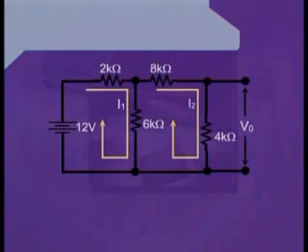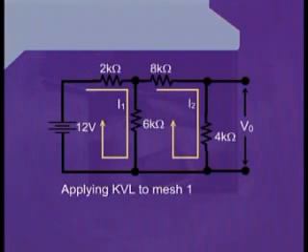Now, we will write the loop equations for each of these meshes separately, and then we try to find out these values. First of all, applying KVL to mesh 1, we can write, starting from the top left hand corner, we see that 2 kilo ohm resistance is attached to that, and a current which we have just assumed I1 is flowing through it.